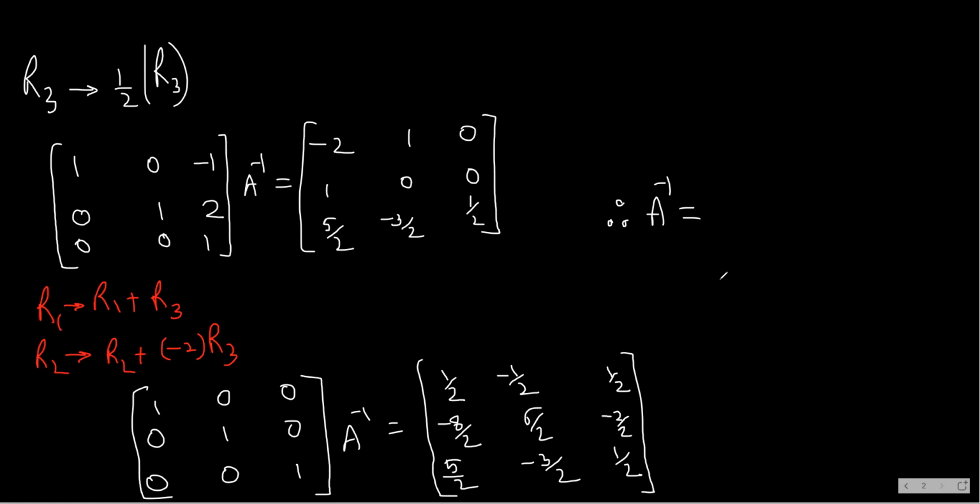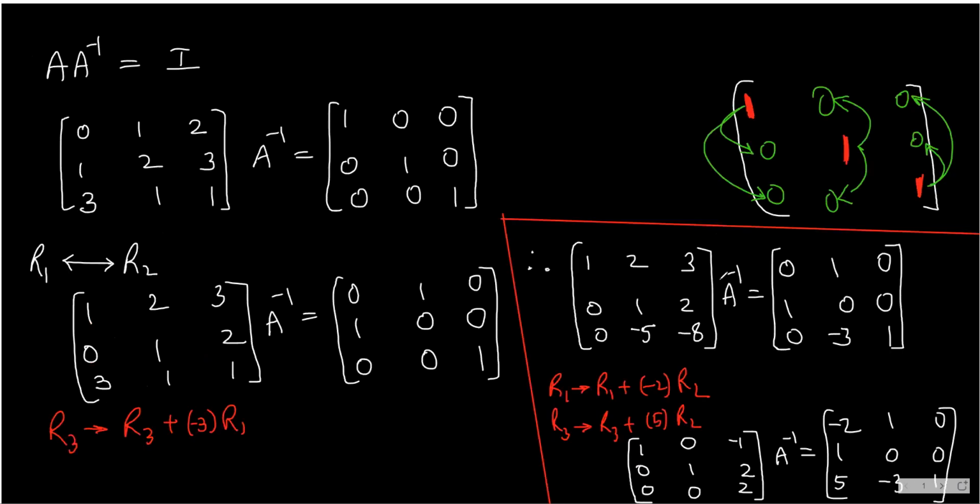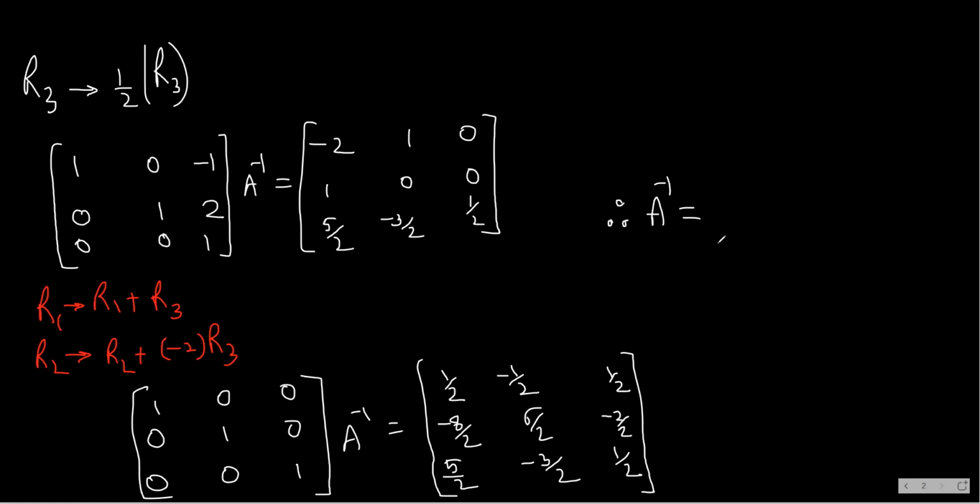Take 1 by 2 out. What was the determinant? The determinant was on the earlier slide. So see, I can take 1 by 2 out. You will get here 1 minus 1, 1. Minus 8, 6, minus 2. 5, minus 3 and 1. This is the inverse.